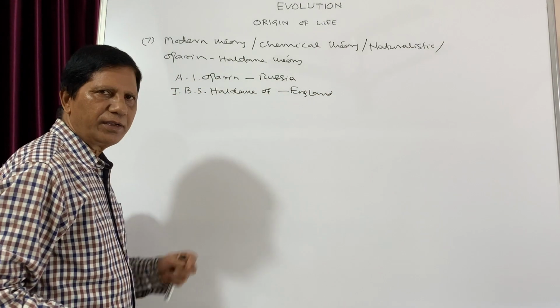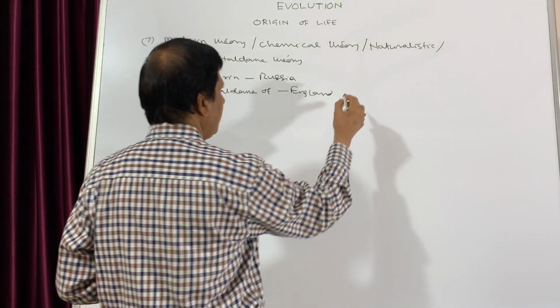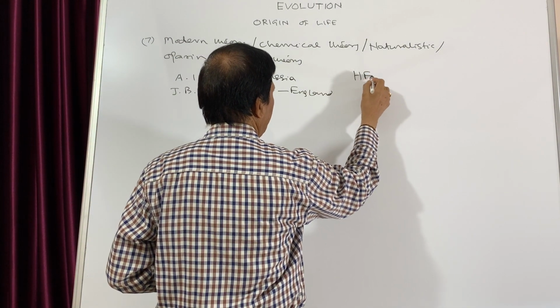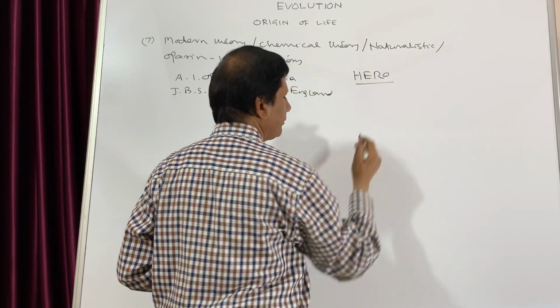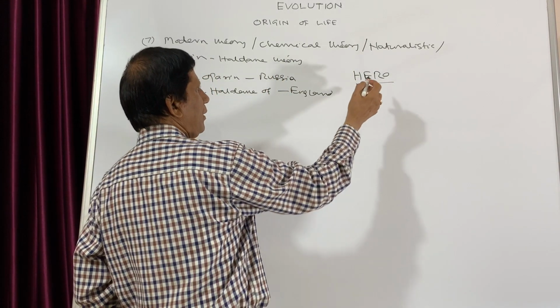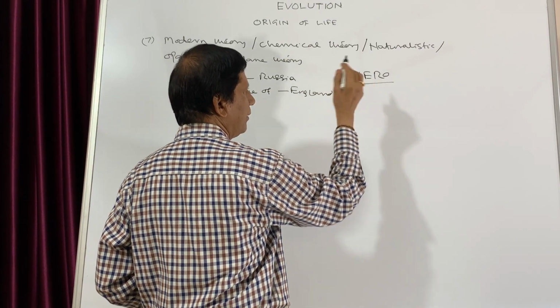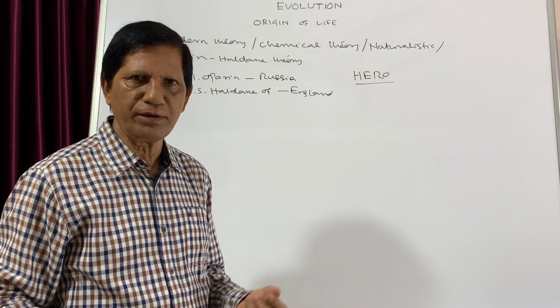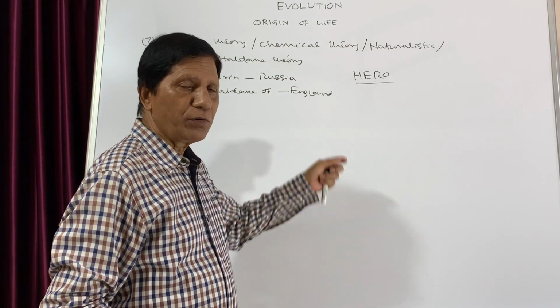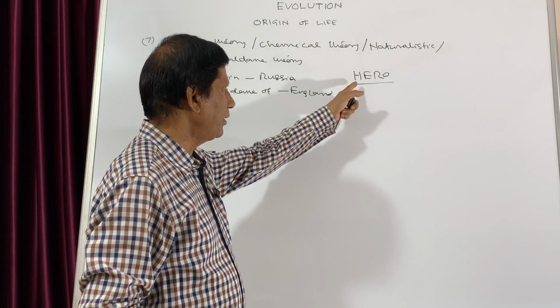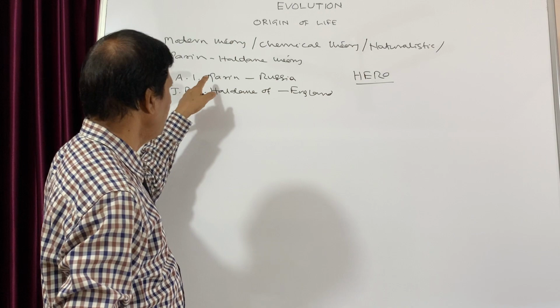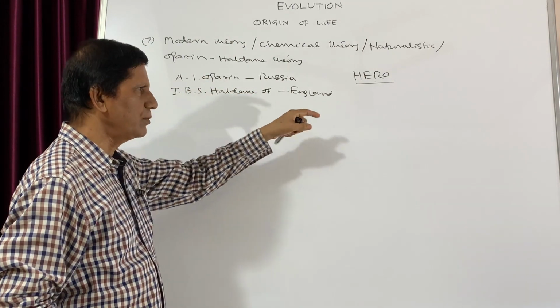So easily you can remember the names and the country. Simply you remember hero. That means Oparin of Russia and Haldane of England. So this is also very important for examination point of view. If you remember hero, then you can remember that Oparin belongs to Russia and Haldane belongs to England.